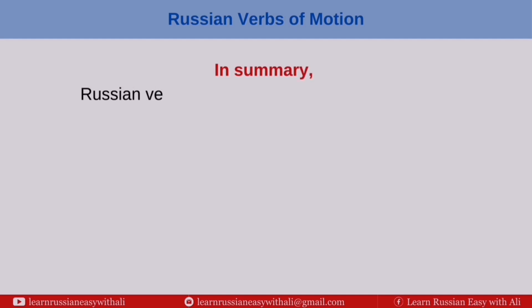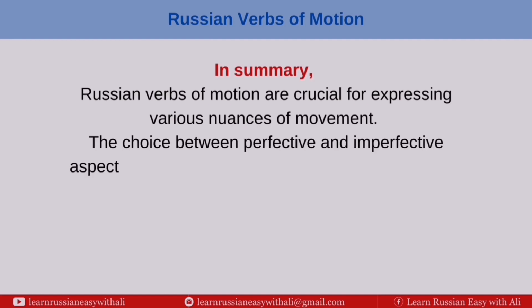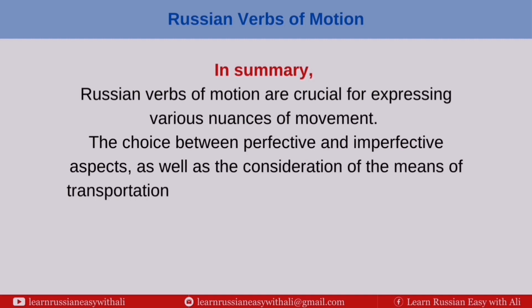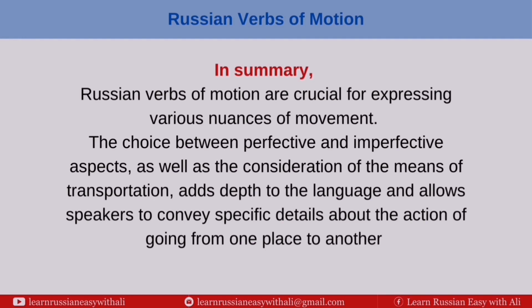Russian verbs of motion are crucial for expressing various nuances of movement. The choice between perfective and imperfective aspects, as well as the consideration of the means of transportation, adds depth to the language and allows speakers to convey specific details about the action of going from one place to another.